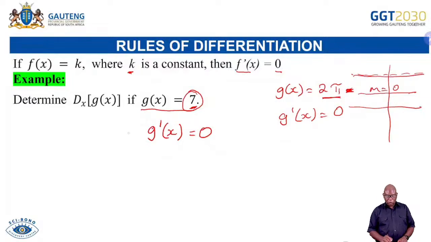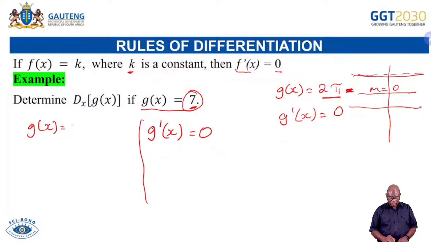But if I can just quickly share with you this. If I've got g of x equals 7, that 7 is 7x to the power of 0. Which means if I use that method that I've done in the previous example, 0 times 7 is going to be 0. x to the power 0 minus 1, therefore, it will be 0 times that.